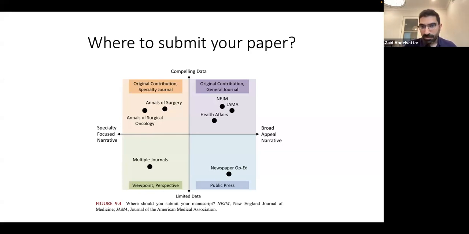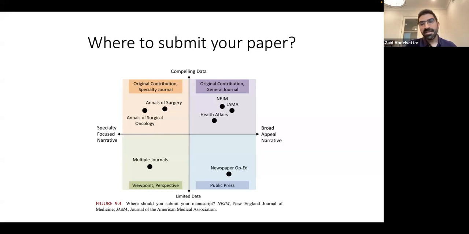So it's rather competitive and compelling, and it's a focused specialty, a focused narrative. So that would go into this light orange quadrant, which is you send it to the Annals of Surgical Oncology, Annals of Surgery, Annals of Thoracic Surgery, whatever your main journal is for your society or for your specialty, that goes in there.